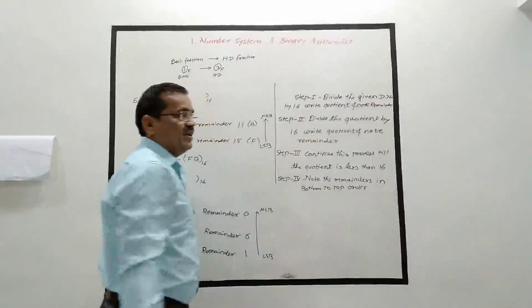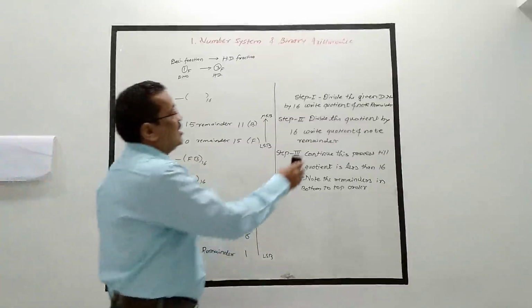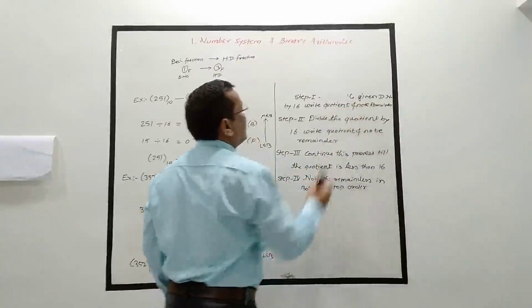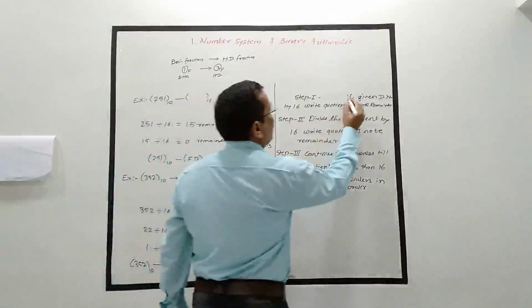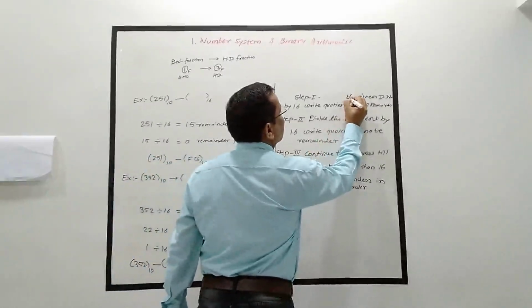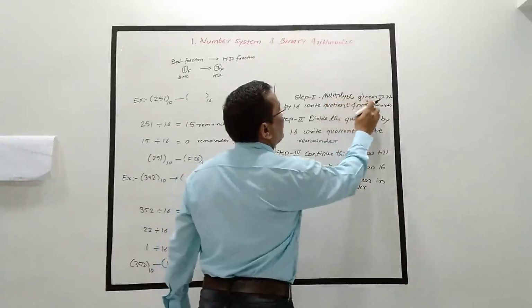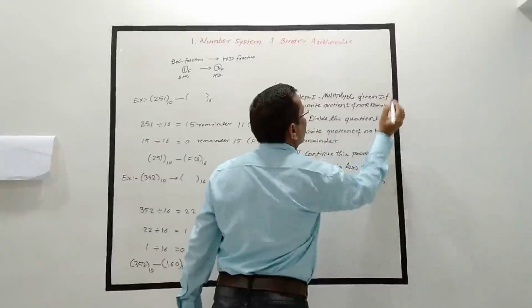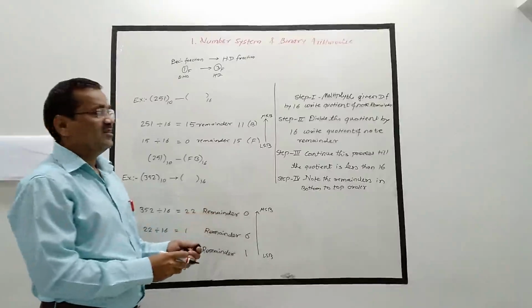Instead of divide, here in this case we have to multiply. So the step is: multiply the given decimal fraction number by 16.